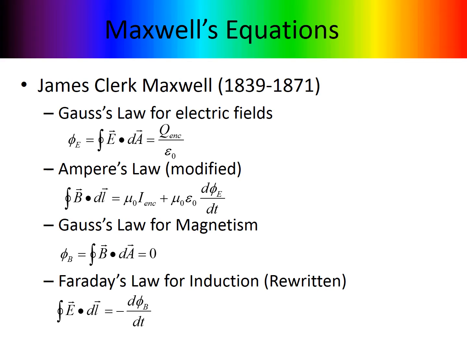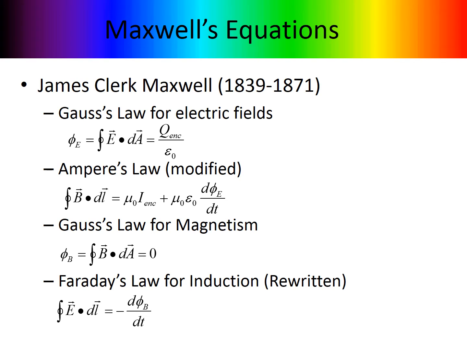So the Maxwell equations are really a combined set of equations for everything that we've done so far. Gauss's law for electric fields, we've seen in early chapters, deals with enclosed charge and electric flux.